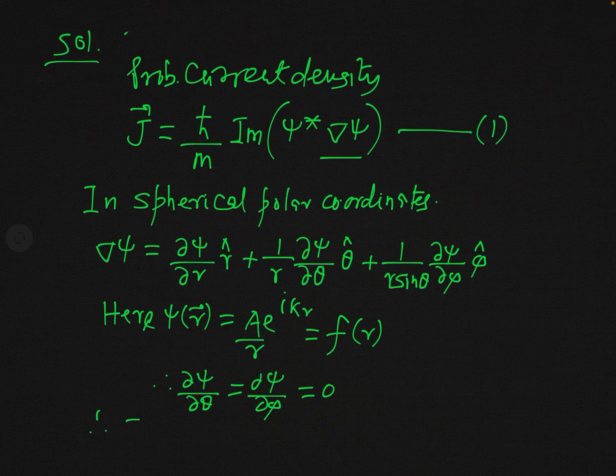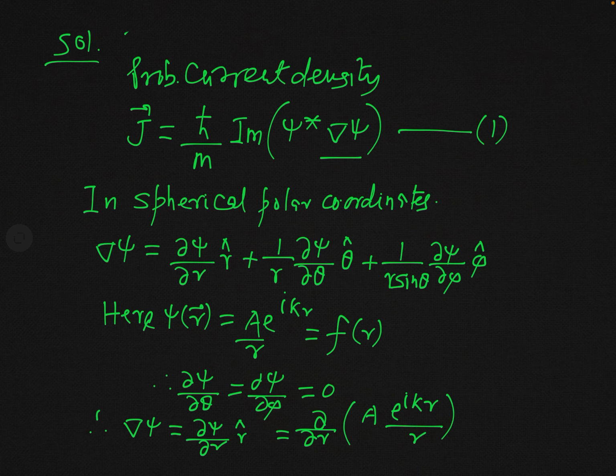And so our expression for the gradient of psi will be simply del psi by del r r hat. Now let us substitute the value of psi, a e to the power ikr over r.